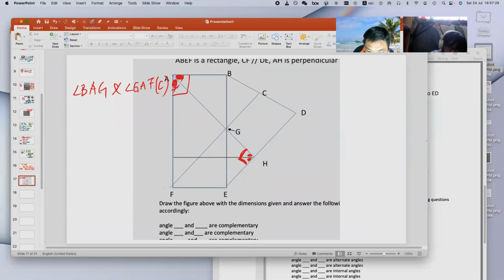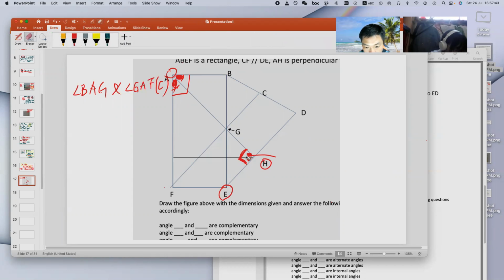So what is this angle? This angle starts from here. A, H, E. No, I mean this angle. Let me get rid of the rest first. I'm talking about this angle. What is this angle?